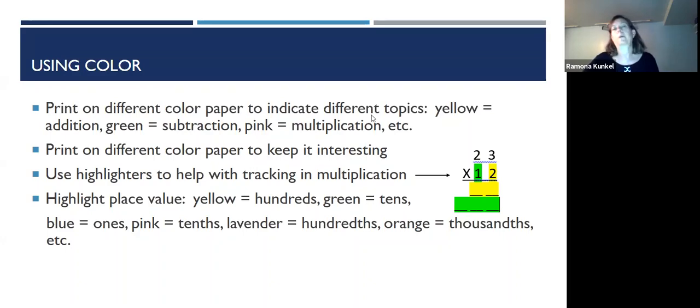And even for place value, make everything that's 100 yellow and so on. Graph paper, yes, graph paper is great for things like decimals and for place value. It really can help keep everything lined up and keep it straight for them.